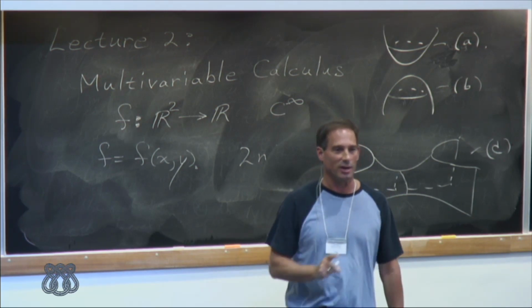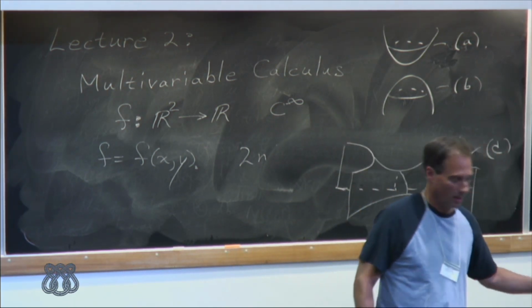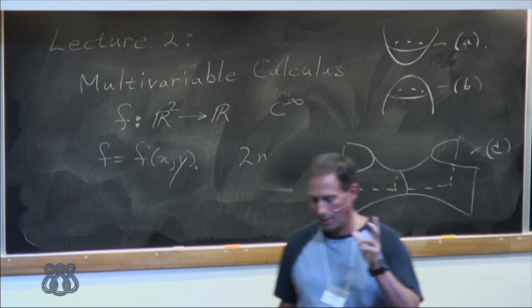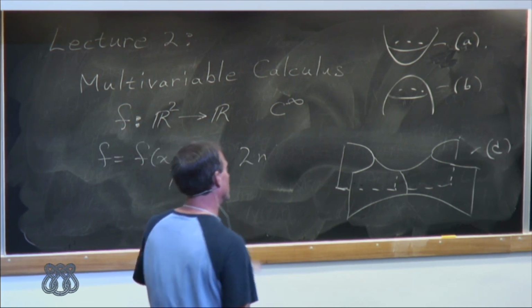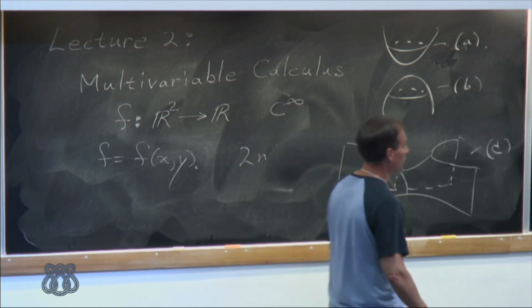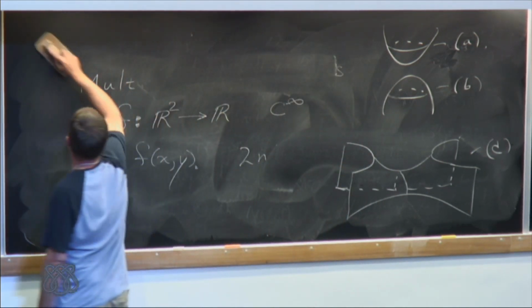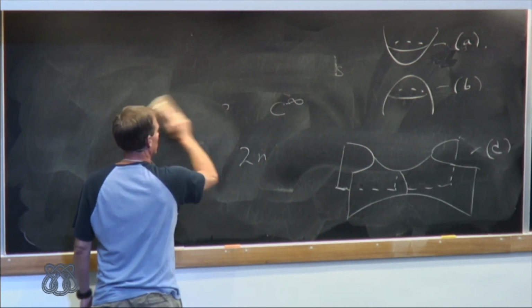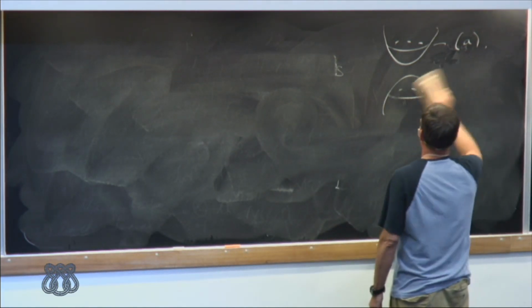Everybody knows this, right? Everybody knows the second derivative test. Great. I want to look at this in a particular example before I state things in general. If you've seen Morse theory before, this is the example everyone does.